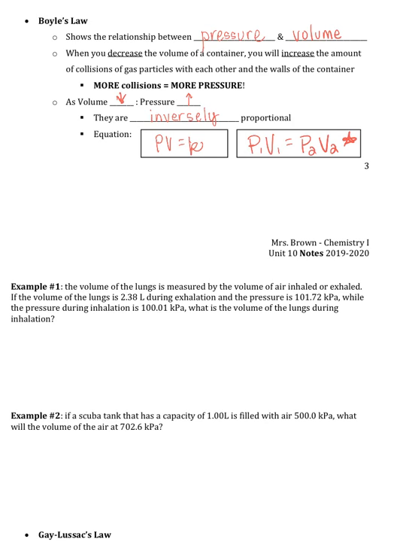Alright, so we're going to do a couple sample problems. What we want to make sure that you do is that you set up the equation correctly. And so what you want to do is write a table. So you're going to make P1, V1, P2, V2. As we learn more gas laws, you're going to want to check to make sure which gas law you're using.